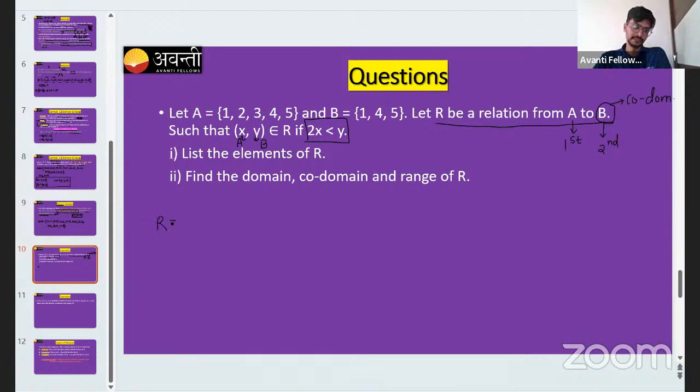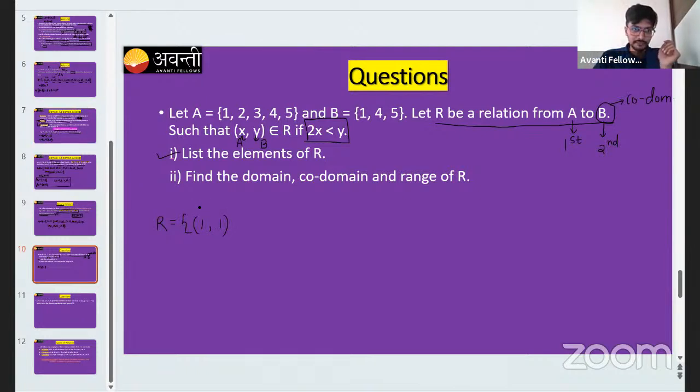So now let us try. List the elements of R. First question: how will R look? Suppose I take x as 1 and from B I also take 1. Listen to me very carefully, please, everyone.